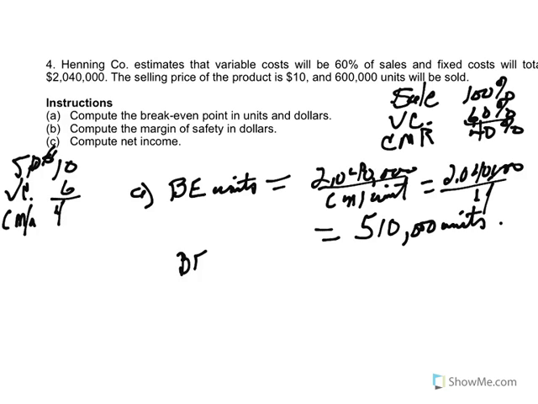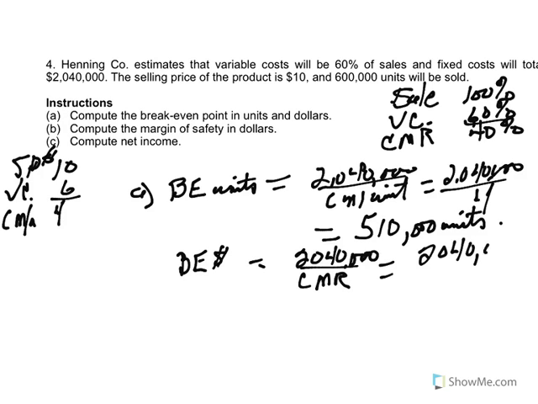Now, if they want the break-even in dollars, that's equal to 2,040,000 divided by the contribution margin ratio, which is equal to 2,040,000 divided by 0.4. And the answer would be $5,100,000.